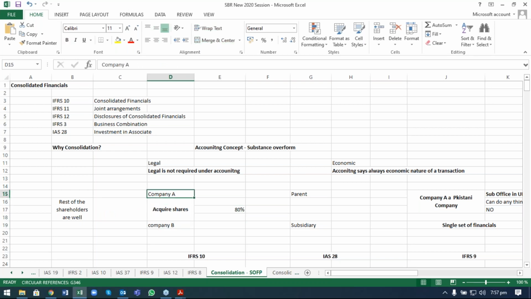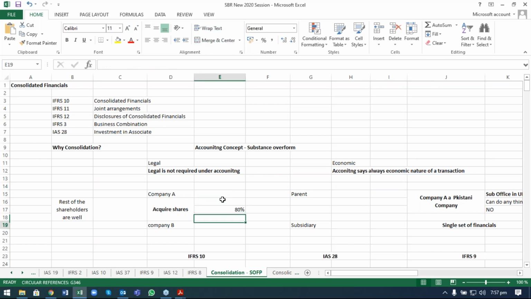Then it means company A has effective control over company B. So the economic aspect tells you that company A and company B are a single entity. As far as the economic aspect is concerned, they're not different. If they are the same, then you have to provide a single set of financial statements, just like in the previous case. So due to this main requirement, we are required to provide consolidated financial statements.